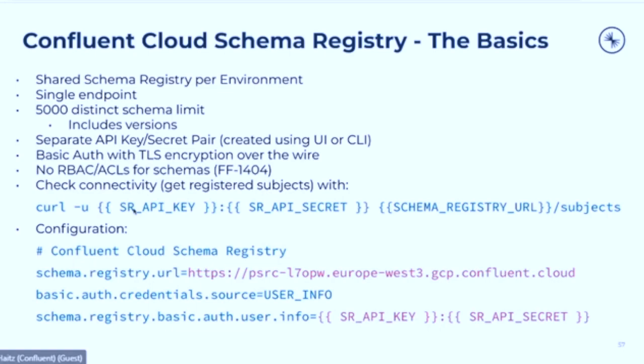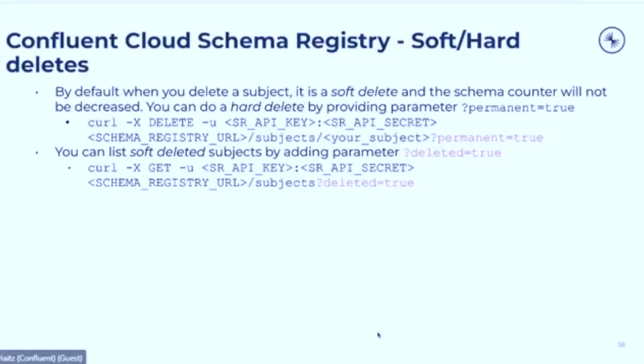This is again a feature on the roadmap. If you require this, please reach out and we can loop back on when this will be available. At the bottom, an example of how to connect. I think self-explanatory. Stressing once again, different API key and secret from the Kafka API key and secret.